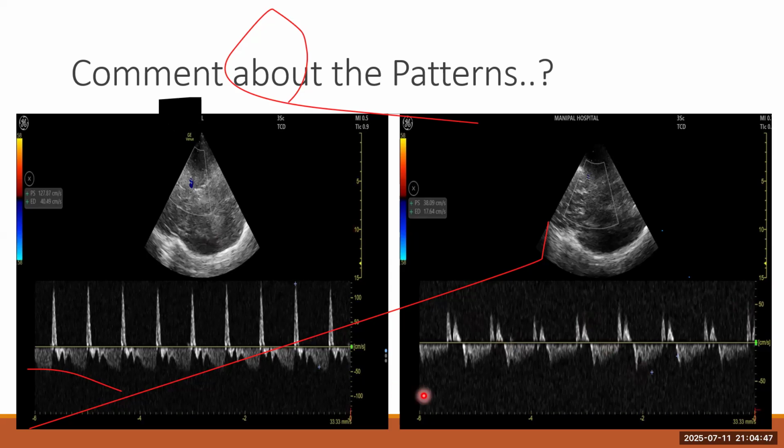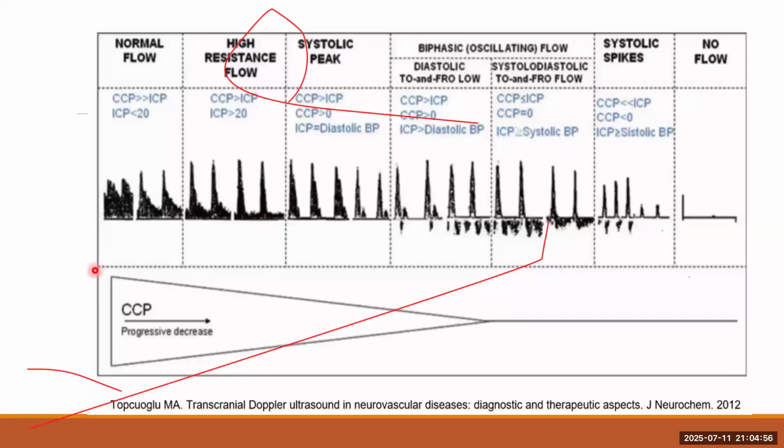So this is a high resistive waveform again. Second, we'll go to the next image. This was again the same thing. As the resistance or the ICP increases, we move from a normal waveform of a rapid upstroke and a robust diastolic waveform to a high resistive waveform where there is some diastolic velocity, then absent diastolic velocity, then reversal, and finally a no flow state.